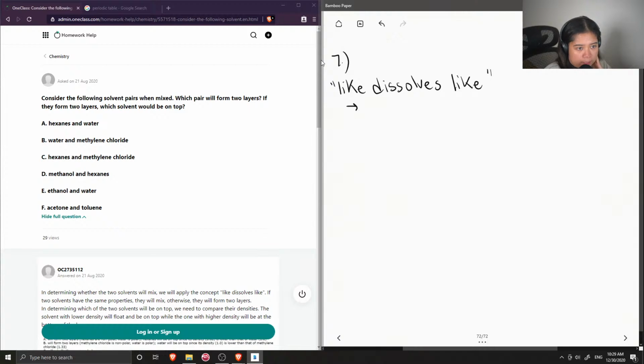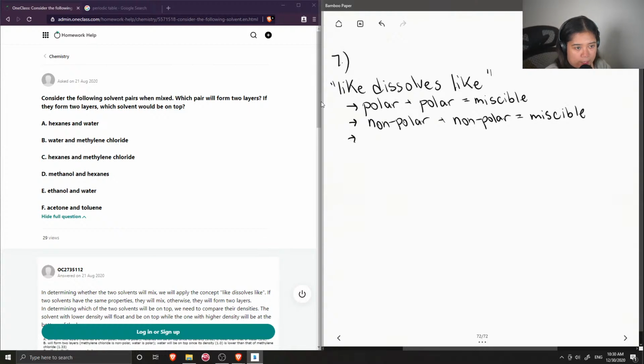So when we have a polar substance plus another polar substance, this is referred to as miscible, so that means they dissolve each other. Similarly, if you have a nonpolar plus another nonpolar substance, then they dissolve each other as well, and they don't form 2 layers.